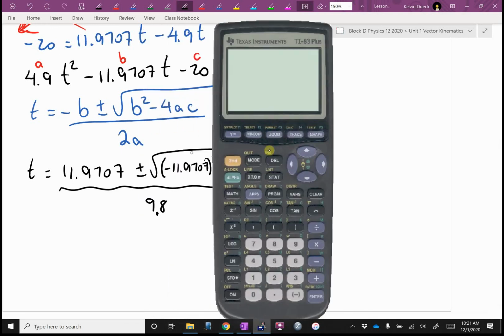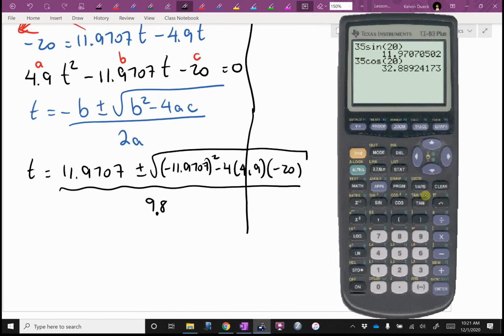I'm going to figure out what's inside the square root first. Bracket negative 11.9707 squared minus 4 times 4.9 times -20. Ugh.